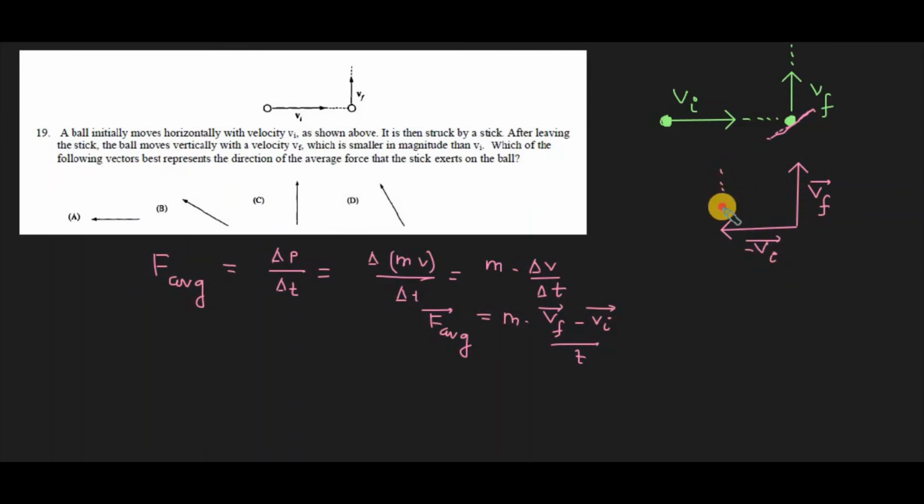Now we take the resultant of these vectors, vr here. The change in velocity is represented along this direction, so that will be the direction of the average force.